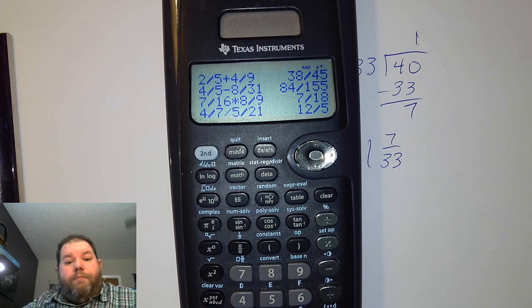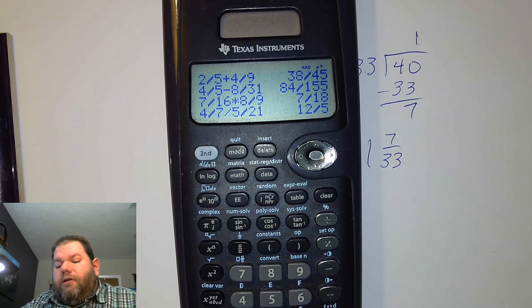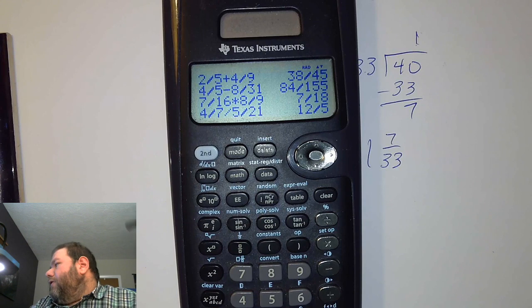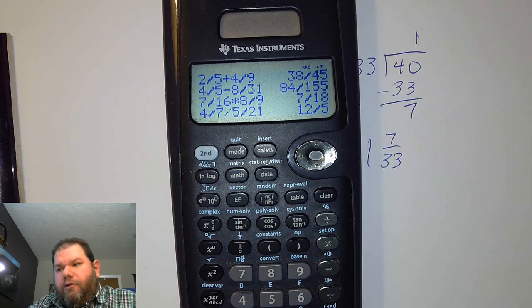So with our 4 basic operations on the calculator, we're still able to use those with fractions just like normal numbers. It should be pretty easy going through that worksheet.